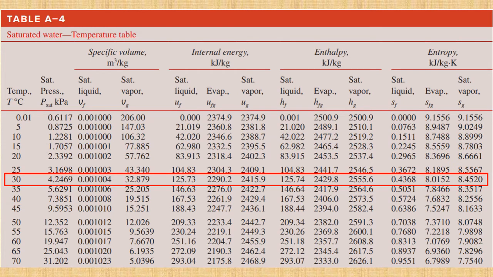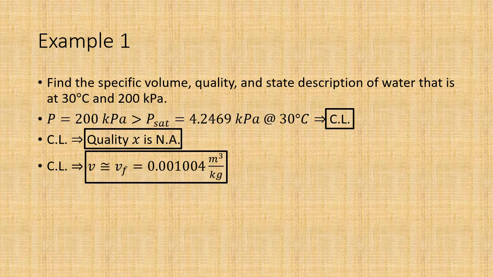We look under the column of saturated liquid for specific volume and find that vf is equal to 0.001004 meters cubed per kilogram for 30 degrees Celsius. We have now found everything that this example requires, and our answers are listed here. The final answers are in a box.